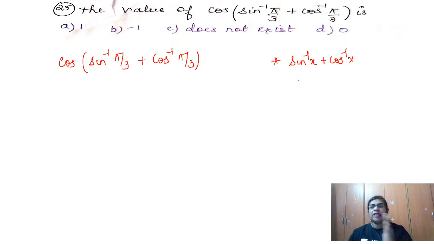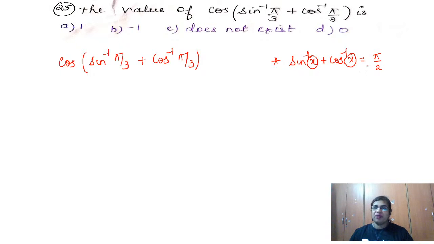Sine inverse and cos inverse are co-functions, tan inverse and cot inverse are co-functions, secant inverse and cosecant inverse are co-functions of each other. One more thing to remember is that this x and this x have to be the same. It should not change. So sin inverse x plus cos inverse x, then immediately we get the answer pi by 2.